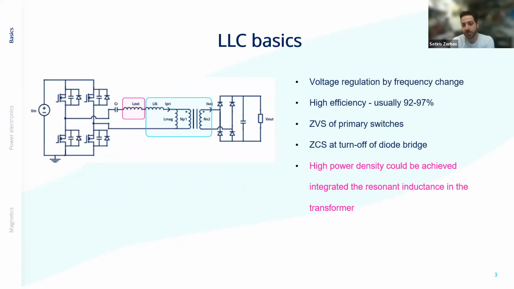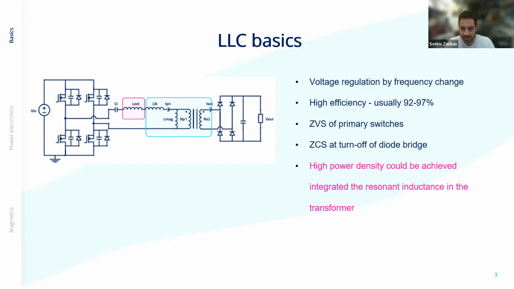So first things first, what do we have in the LLC topology? The basic thing that one has to remember about this topology is that changing the frequency changes the voltage at the output. So we keep duty cycles the same, 50-50, either it's a full wave bridge or it's a half bridge, it doesn't matter.